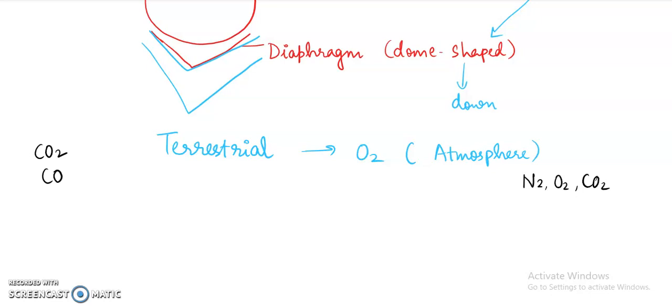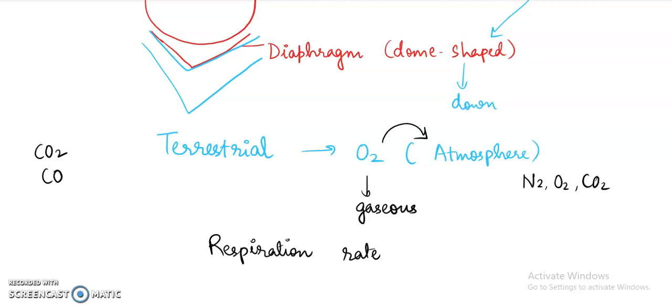As we are terrestrial organisms, we always utilize oxygen in a gaseous form. And this oxygen is present in our atmosphere. Because oxygen is present in ample amount in our environment, the respiration rate of terrestrial organisms is low in comparison to aquatic animals.